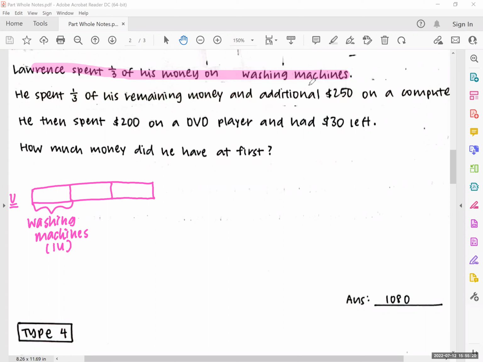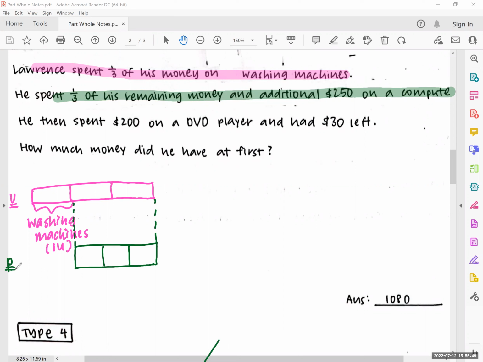So they say I spend 1/3 of my remaining money and an additional $250 on a computer. Because I spend 1/3 of my remaining money, the only way to do it is to do a drop down. Otherwise, it'd be too confusing for me. Understand? And from here, I'll tell myself it's no longer units, it's parts. I don't spend only 1/3 of my remaining money, but they say 1/3 and an additional.